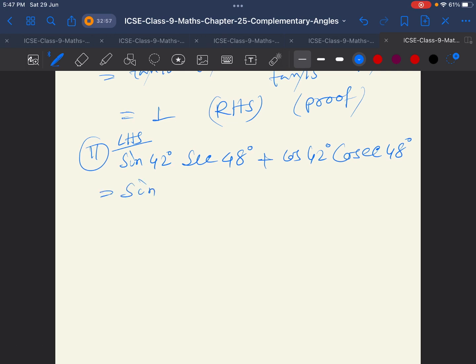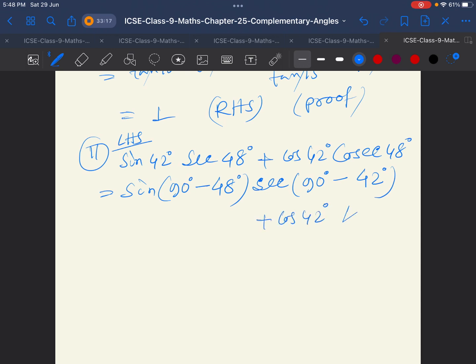So we can write sine of 90 minus 48 is sine 42, sec of 90 minus 42 is sec 48, plus cos of 42 degree, cosec of 48 degree.